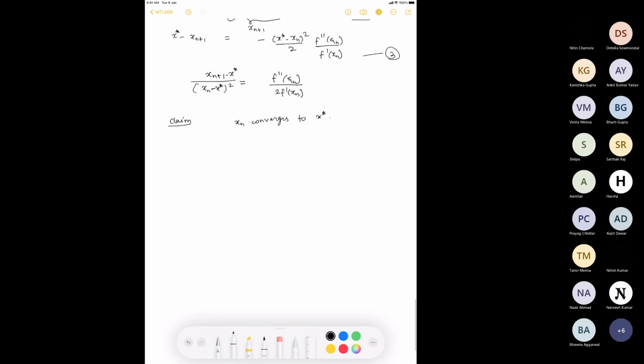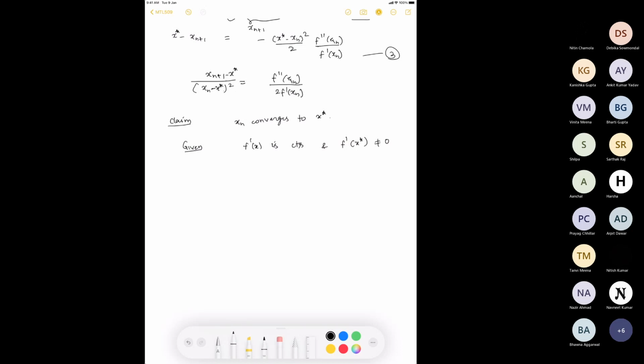So let's first prove that this xn is going to converge to x star. So what is given to us? That f prime x is continuous. And secondly, f prime at x star is not equal to 0. Right?